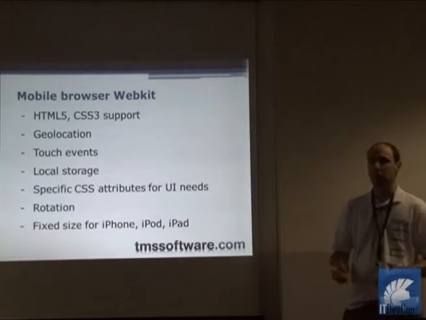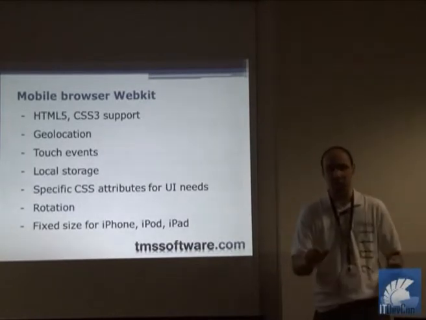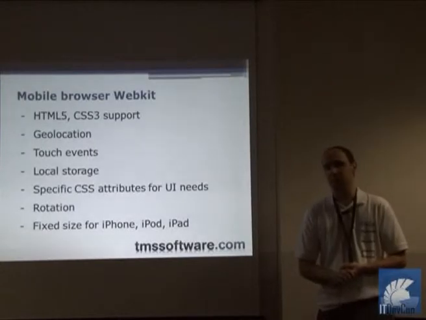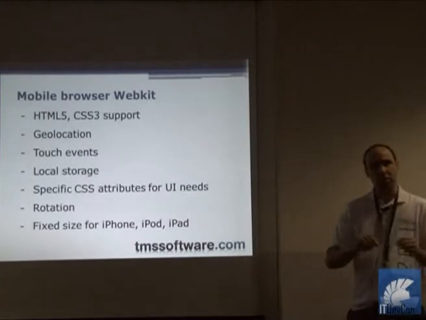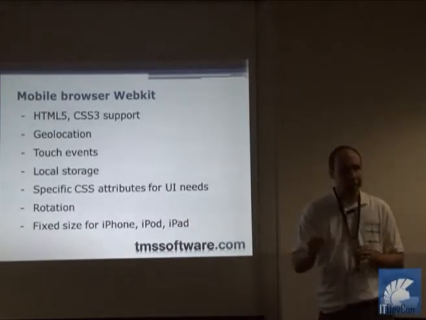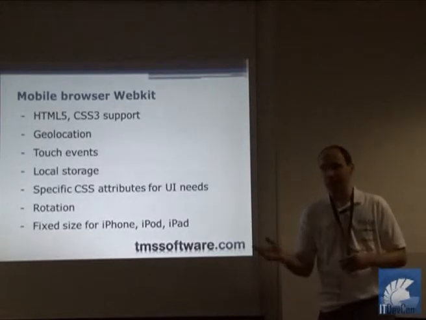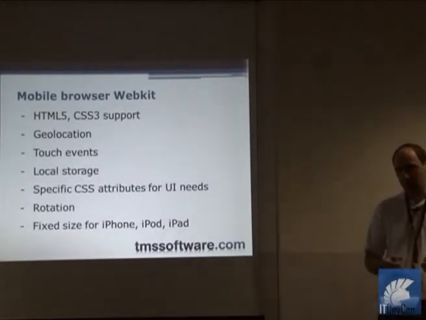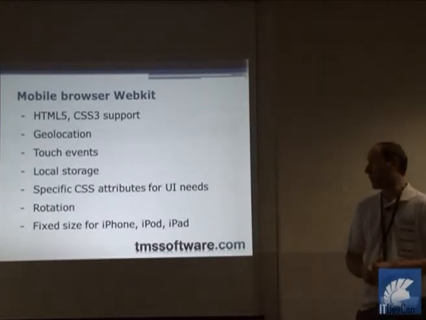Touch events, of course, your mobile phone is all touch-based. No one is using a mouse with a cell phone or a tablet. And that means that there is a particular different interaction with touch than with the mouse. And the WebKit engine also exposes that you can take advantage of these touch-based events.